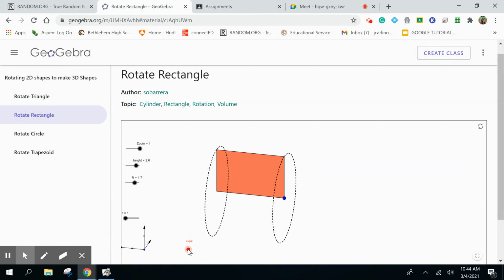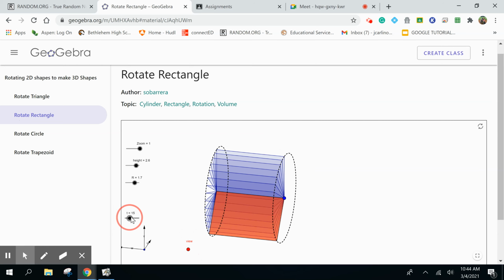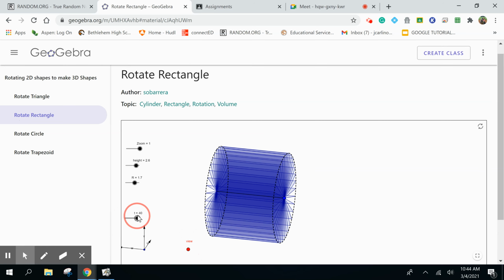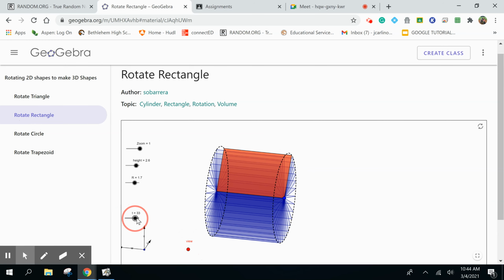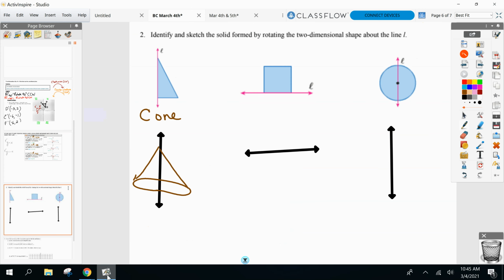Okay, here we go. Rotating it around that line. Oh, look at that bad boy, huh? That is called, yep, that is a cylinder. So I rotate that all the way around, I get a cylinder. Looking great. How do I draw a cylinder?